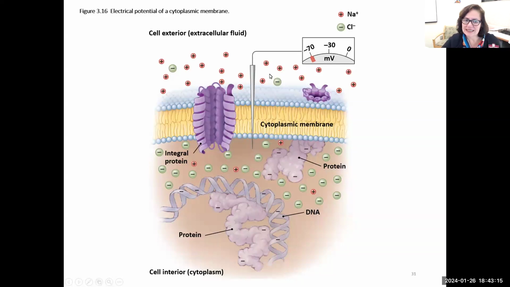Here's an amazing thing. This is a pretty universal constant: if you took a measurement from the inside of the cell and compared it to the outside of the cell, the inside of the cell tends to be about 70 millivolts more negative. So you're more negative on the inside, more positive on the outside, largely because of the sodium ions that you pumped out.